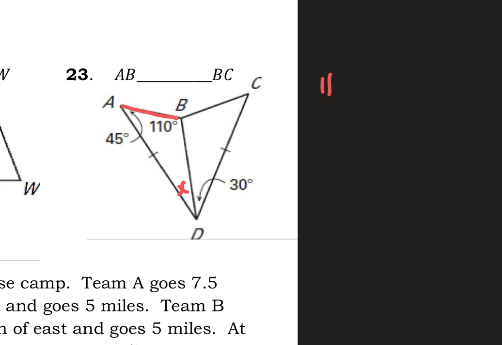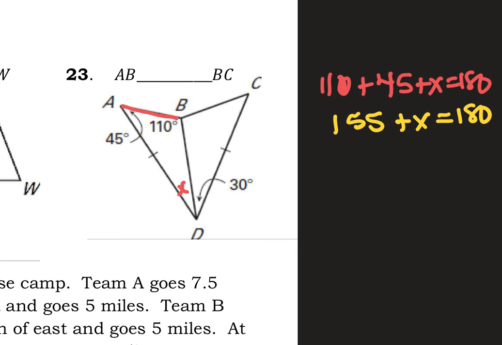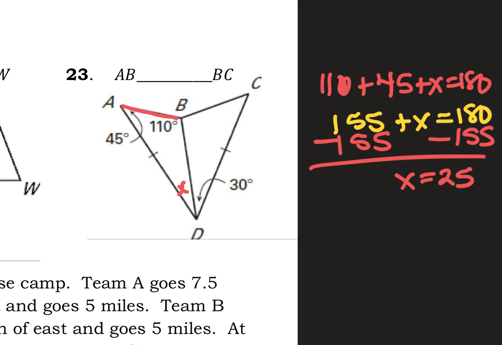So let's do 110 plus 45 plus x, all of it has to equal 180. What's 110 plus 45? 155. If I subtract that from 180, what do we get? 25.